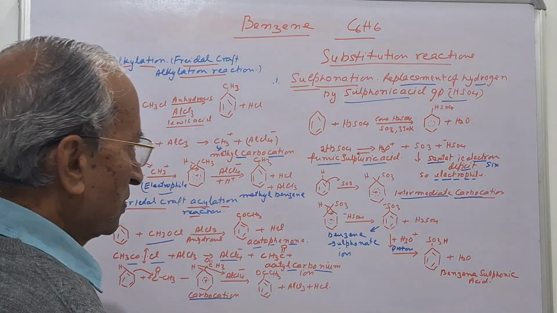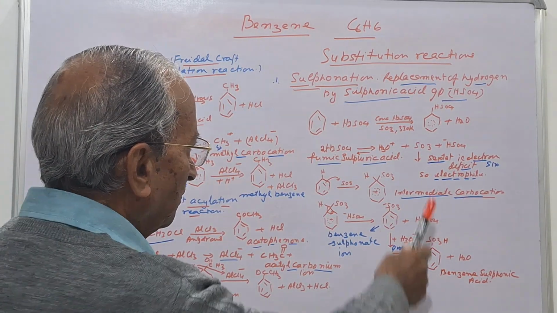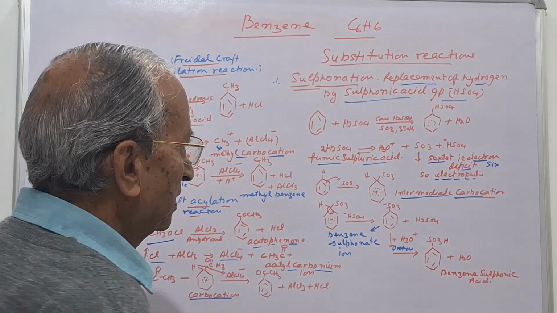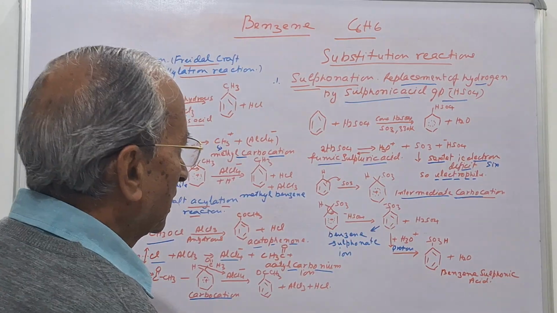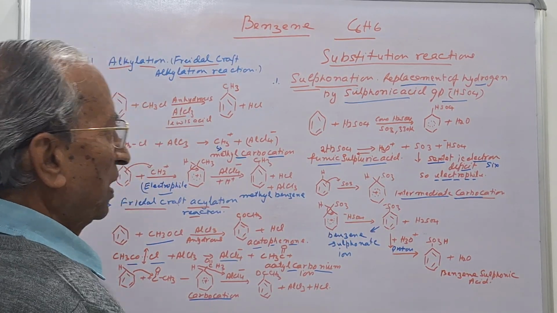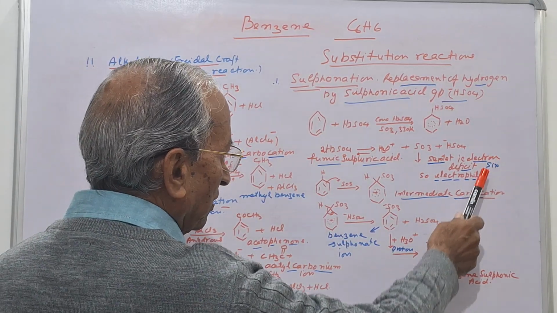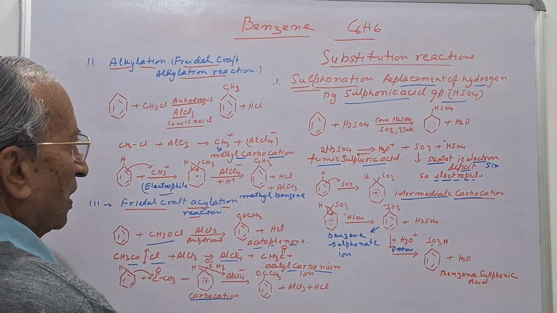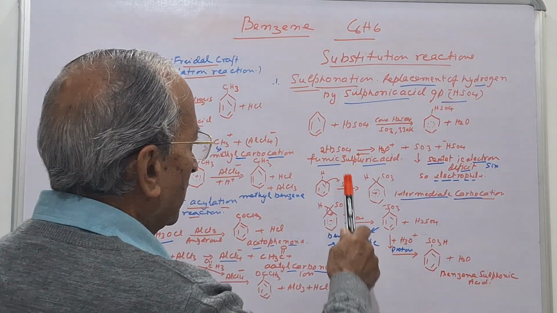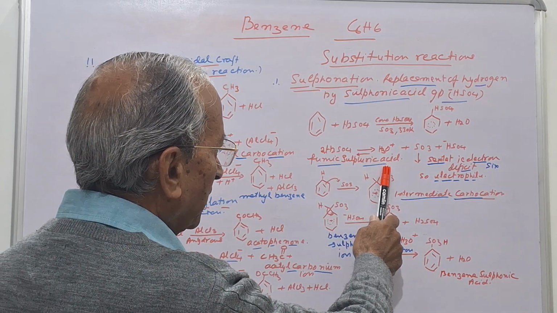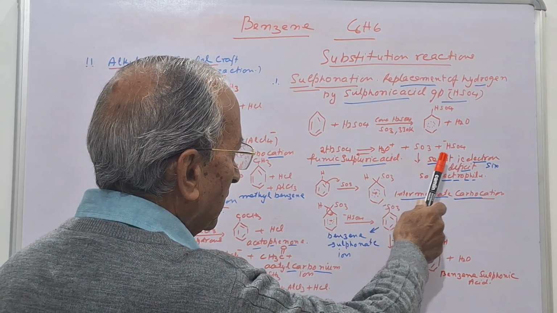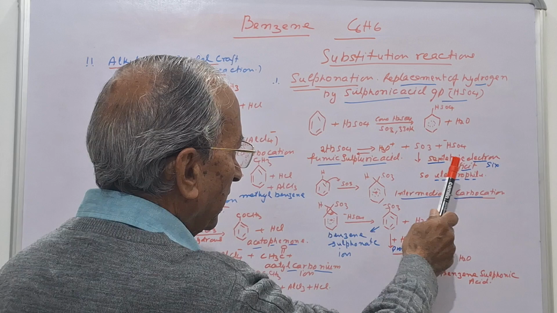Now what is the mechanism? See here, SO3 gas that is dissolved in the concentrated sulfuric acid is sextet in nature, that is, it is electron deficient. So this fuming sulfuric acid forms the hydrogen ion and the HSO4 anion.